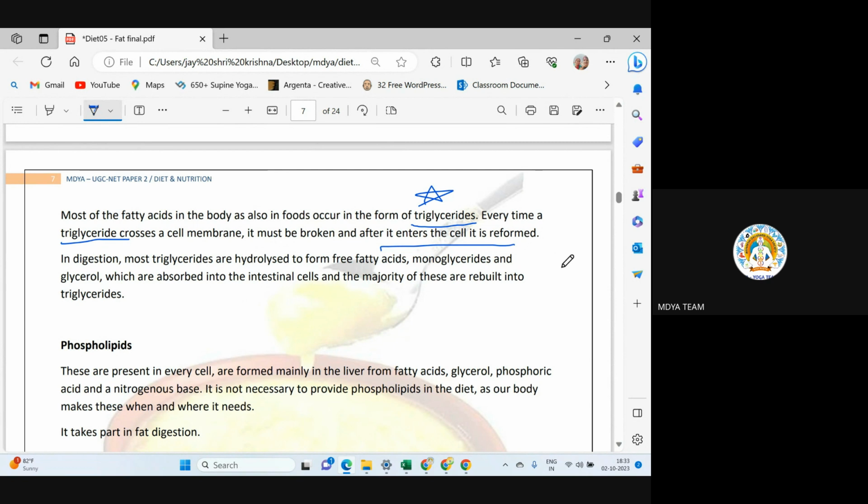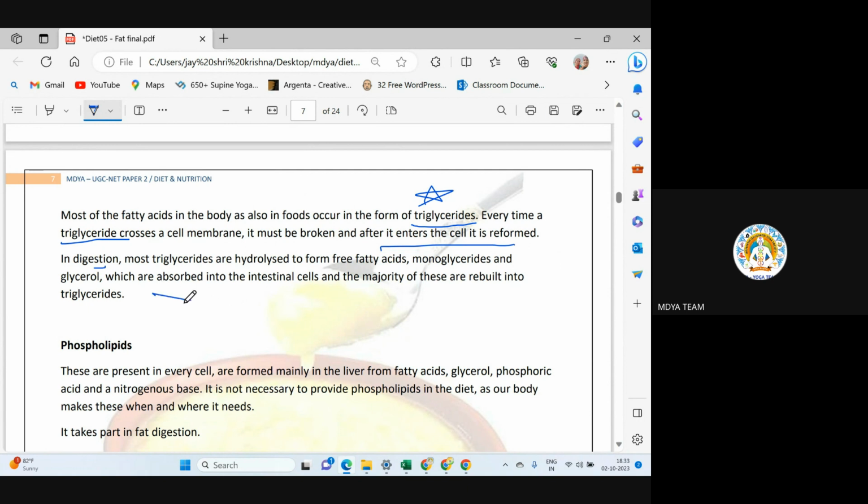This is not that important. Just this line is important: fatty acids are present in the form of triglyceride, and this is the most abundant form. Now we will try to understand in this paragraph how triglyceride is digested.